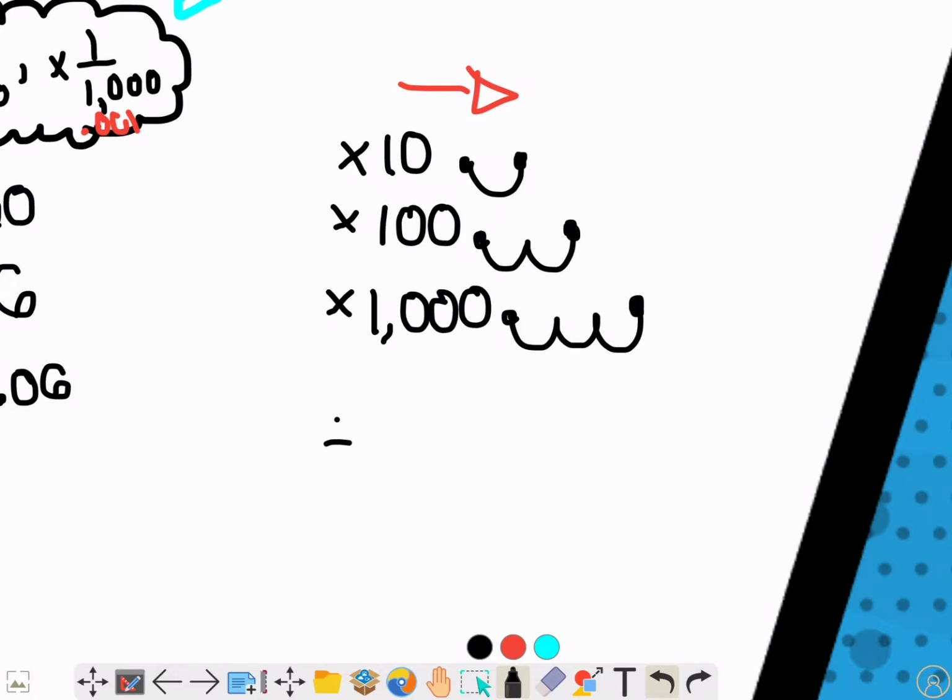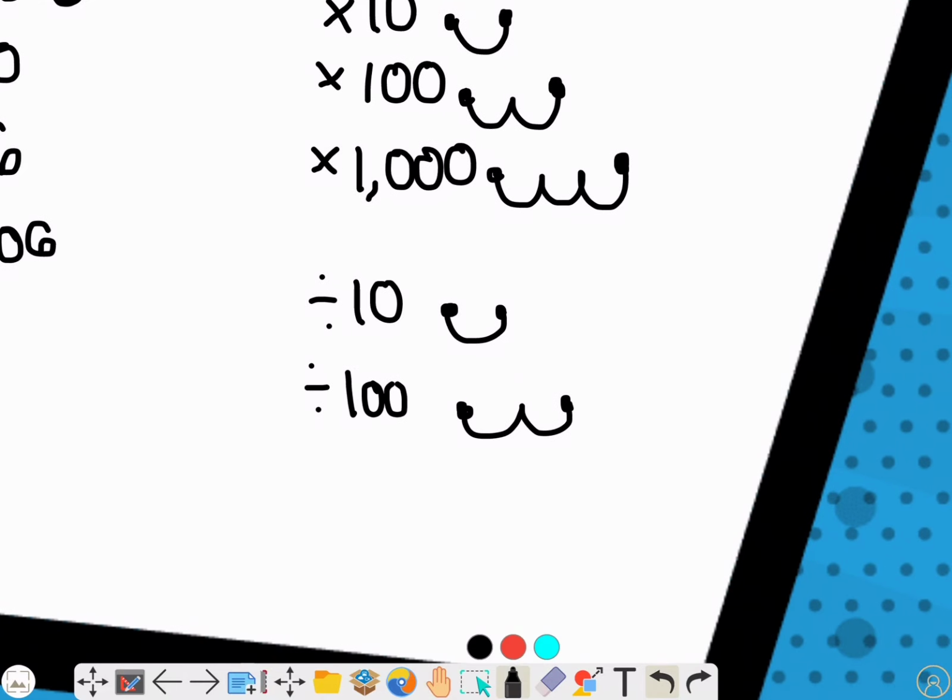If I was dividing by 10, I'm jumping my decimal this way. If I'm dividing by 100, I'm jumping my decimal over this way twice. If I'm dividing by 1,000, I'm jumping over my decimal 1, 2, 3, and all my jumps are going this way, backwards. My numbers are getting smaller.